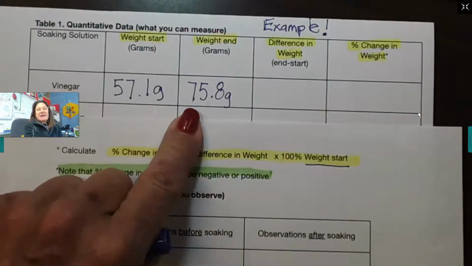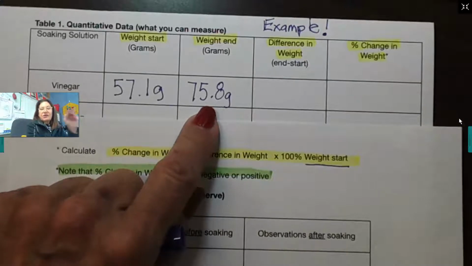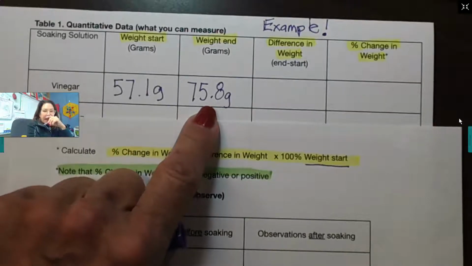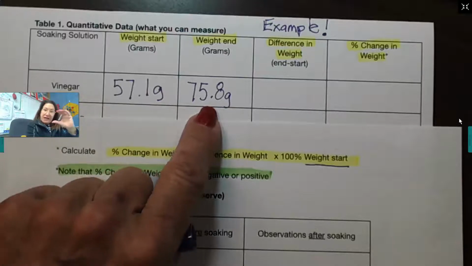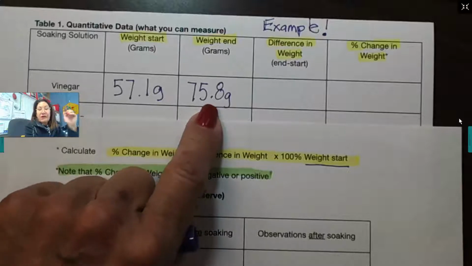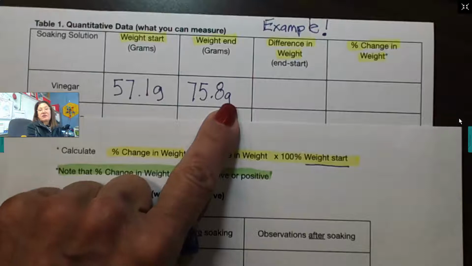Okay, then I put vinegar in it and left it for 24 hours and I reweighed it and I noticed the shell was dissolved. So the shell on the egg was gone and the egg looked larger. And when I weighed it, it weighed 75.8 grams.